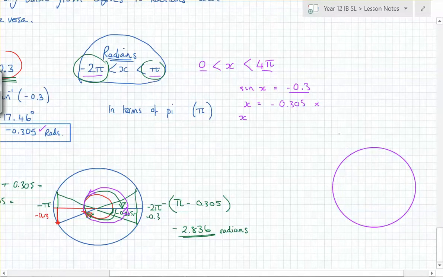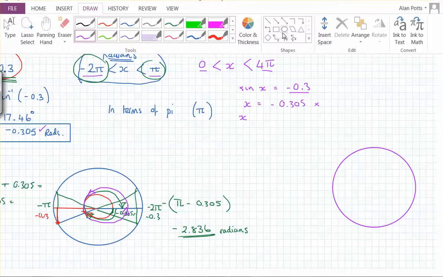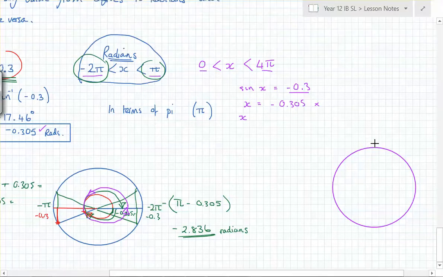Okay. So again, where am I looking? I still need negative 0.3. But on the previous question, I could go anti-clockwise, but only as far as pi, and there were no solutions, so I had to stop.